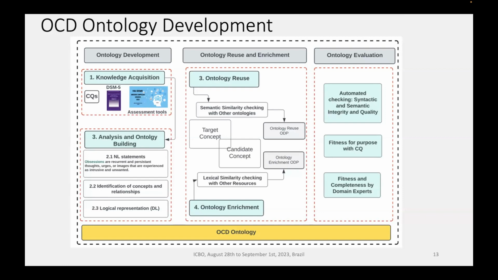And then we use an automatic tool. In this project, we are using the OOPS! Pitfall Scanner. And the third one is to assess the correctness of the natural language definition assigned to each concept in the ontology, conducting a survey through domain experts.